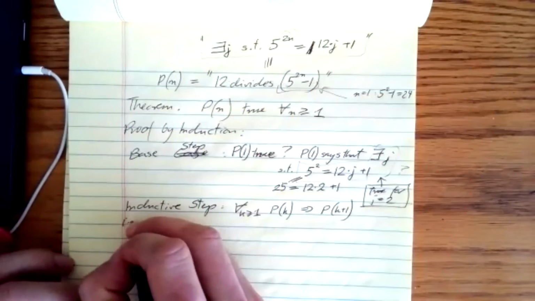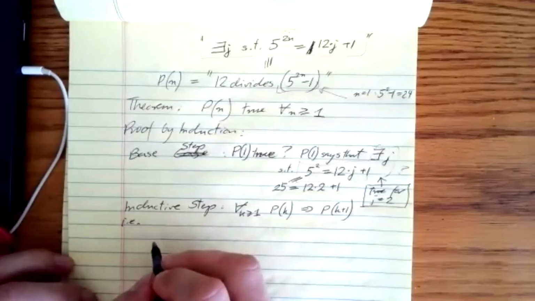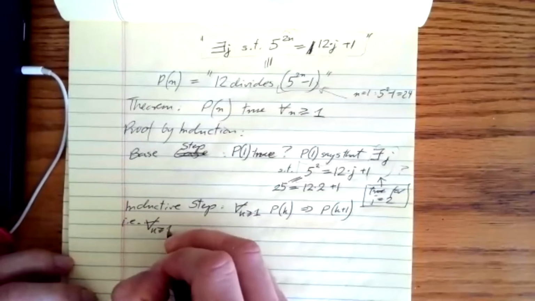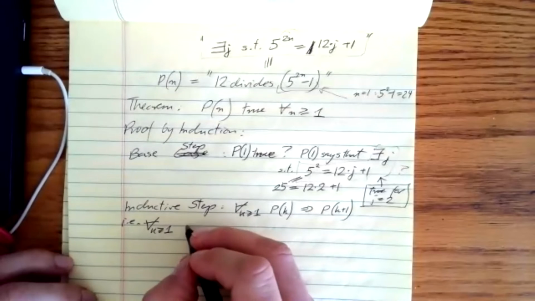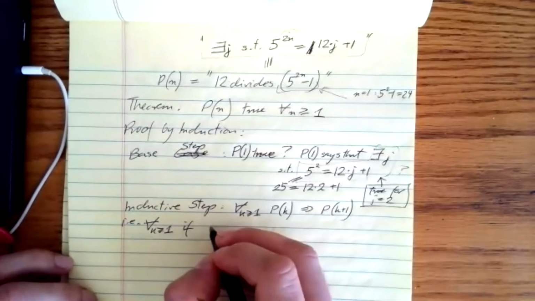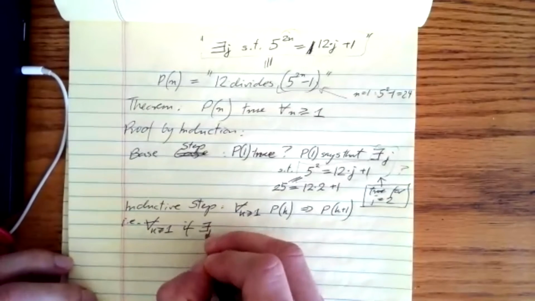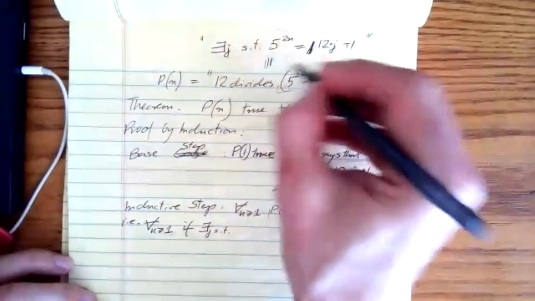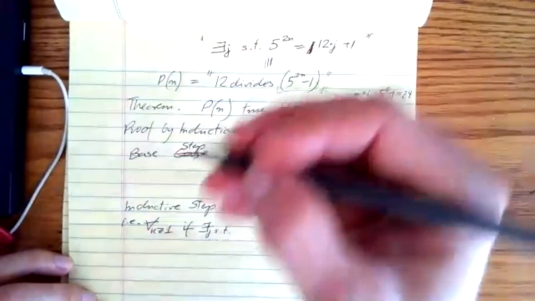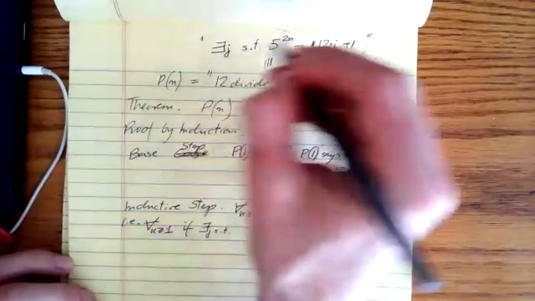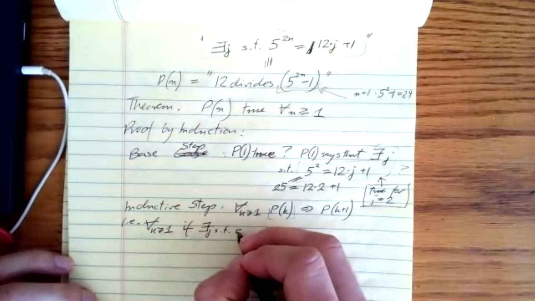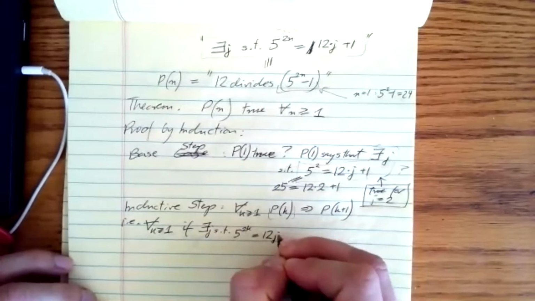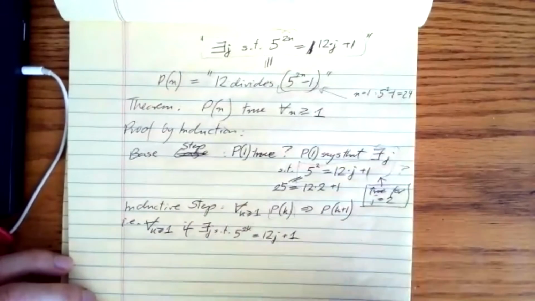So in other words, what we have to show is that for all k greater or equal to 1, if there exists a j such that, what is Pk? It's this statement for n equal k. So there exists some j such that 5 to the 2k is 12j plus 1.